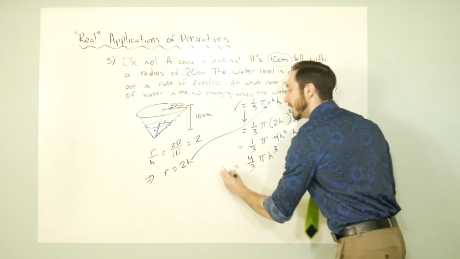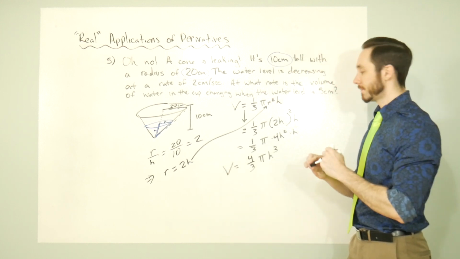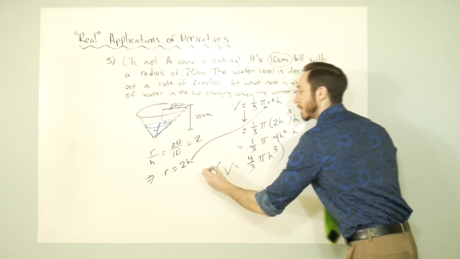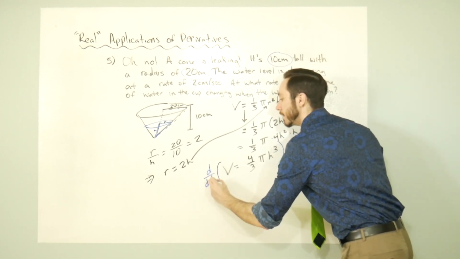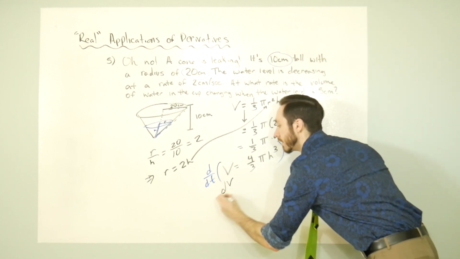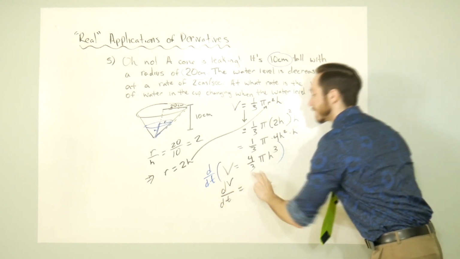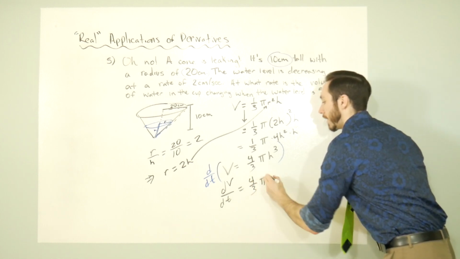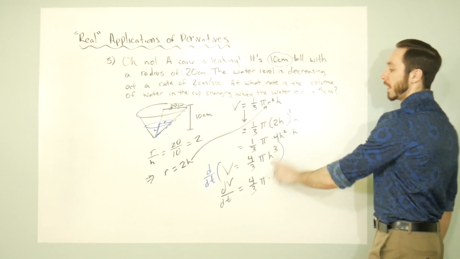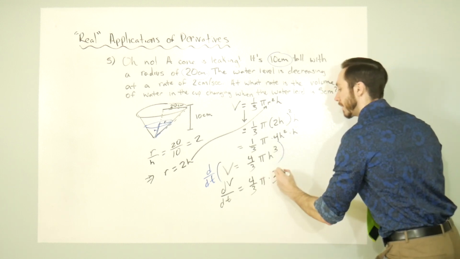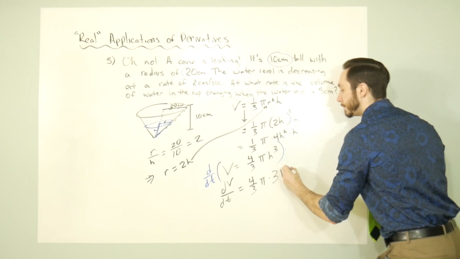Finding my dV/dt here, nothing too bad. d/dt of this mess is going to be dV/dt. These are just constants, so I'm going to rewrite them. 4/3 pi times h cubed. Let's do some power rule at first. It's going to be 3 times h squared.